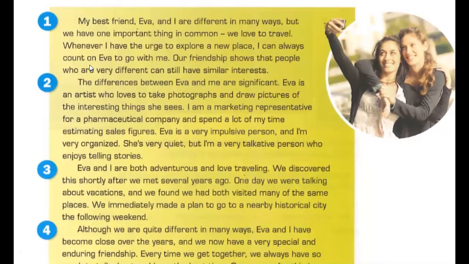You can talk about differences in 2 or 3 paragraphs if you have a lot of ideas, and similarity is the same. But at least, as an essay, you need to have 4 paragraphs: one about the introduction, one about differences, another about similarity, and the last one the concluding sentence.